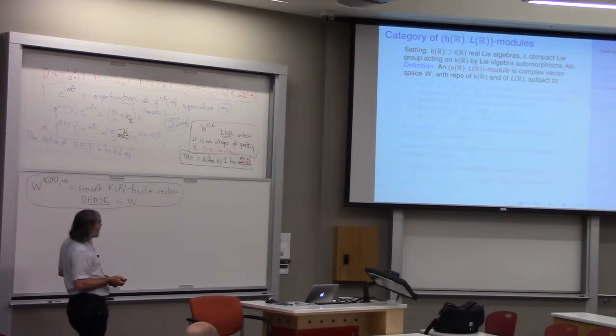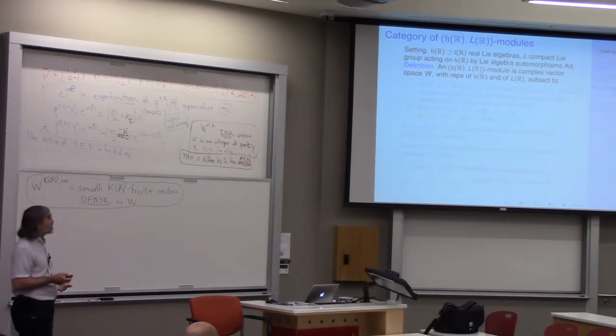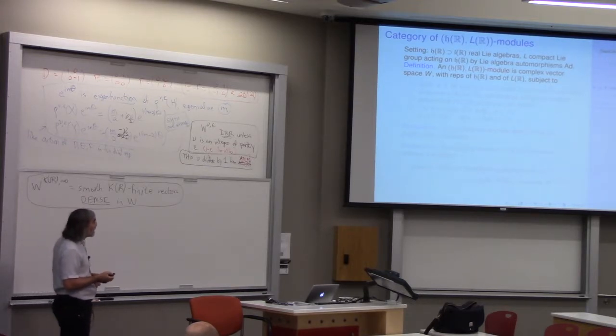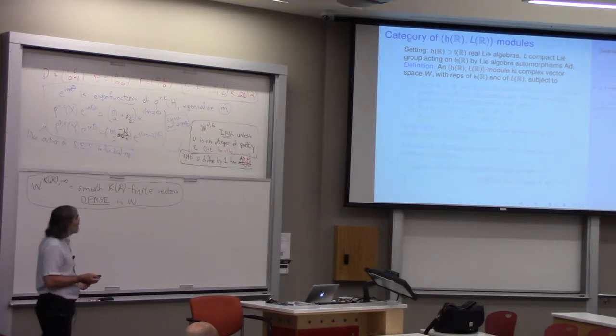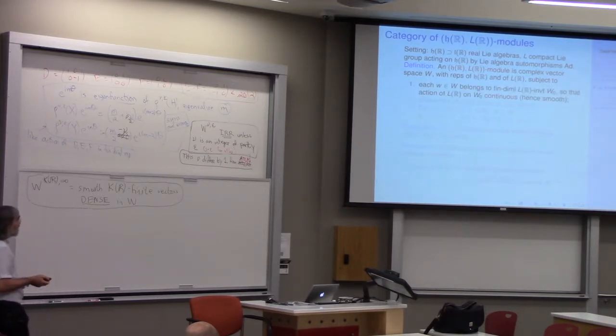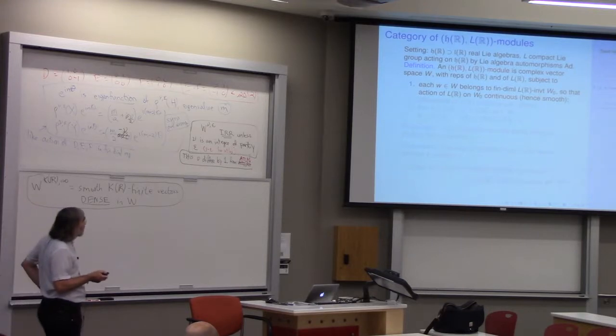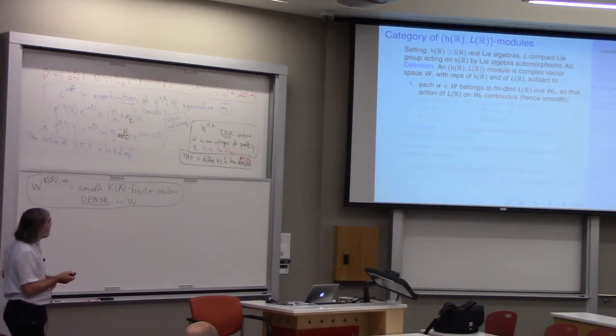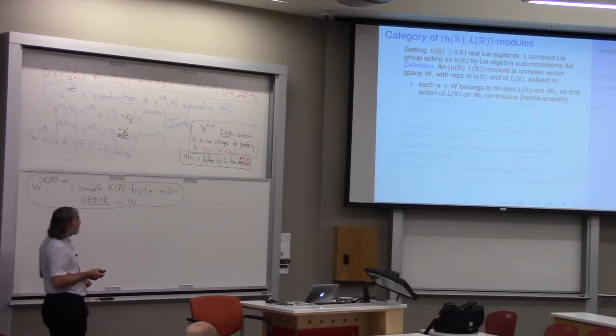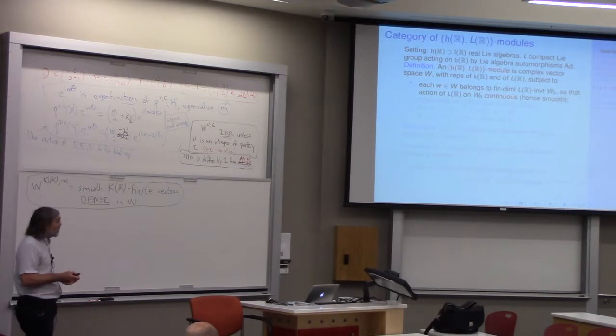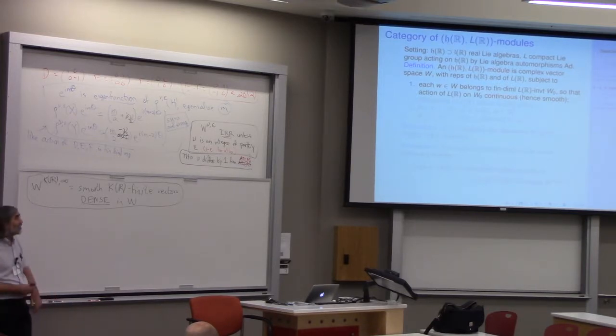And that means a complex vector space that has representations of both the Lie algebra and the compact group. And the requirement is, first, that the compact group action should be locally finite, that every vector in the representation generates a finite dimensional space under the compact group. And the action on that finite dimensional space is continuous.